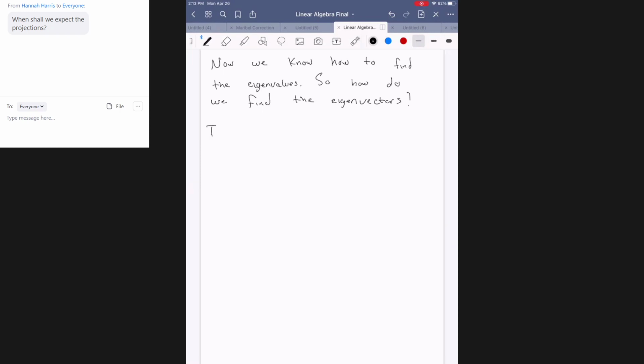Theorem 7.1.2. Let A be an n by n matrix.